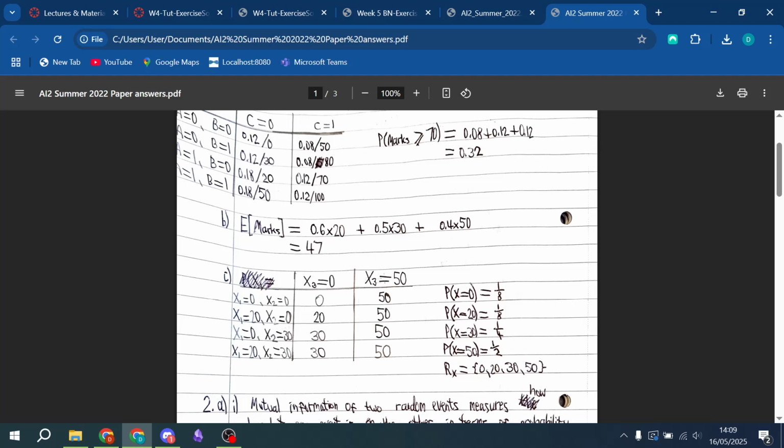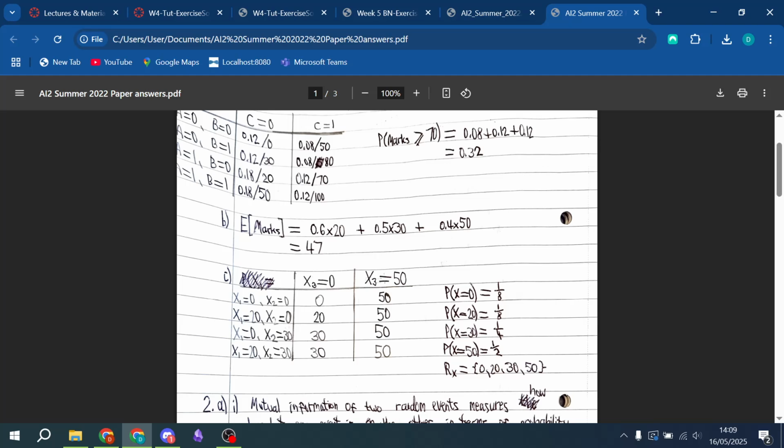Because these are the only possible values of x, this must be the mass function. So 1/8 of the cases are 0, another 1/8 are 20, a quarter are 30, and half of them are 50.